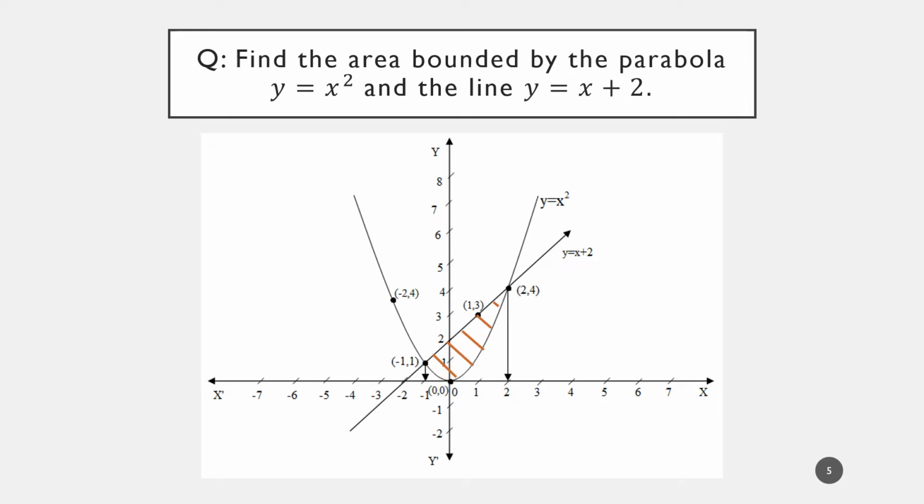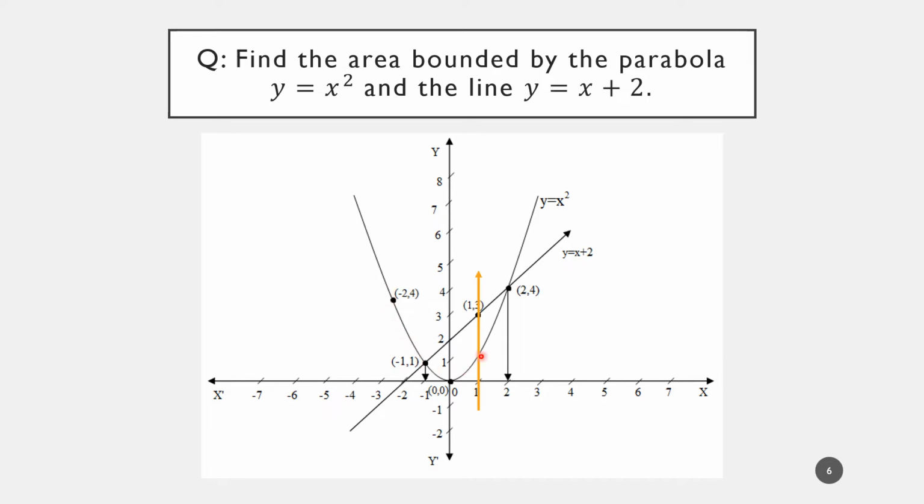Now I want to write the area of this region in the form of a double integral. So what we can do is, if I have to write the variable limits of y, that is y in terms of x, I'll draw a line parallel to the y-axis. And I'll see from where it is entering the region.